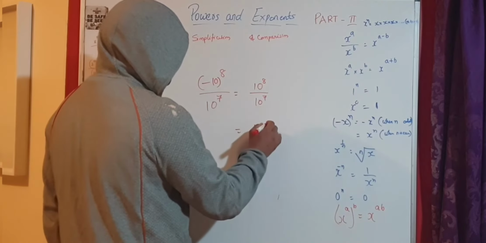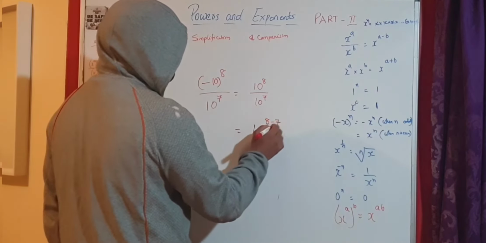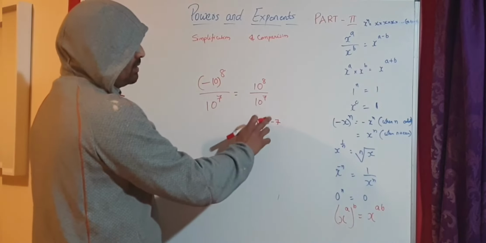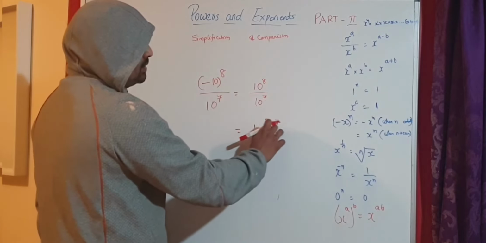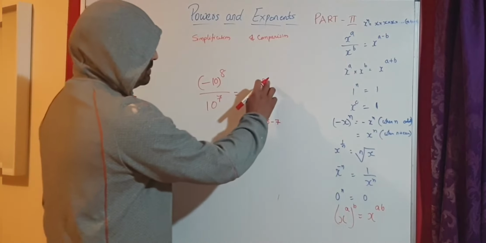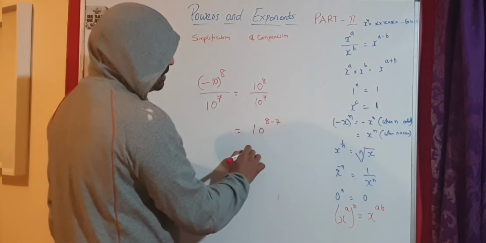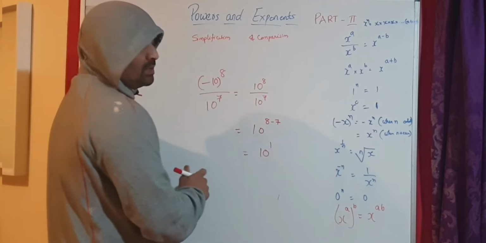The simplified form is going to be 10 to the power of 8 minus 7. When you apply that formula, for those powers 8 and 7, there is a subtraction taking place: numerator power minus denominator power. In this case 8 minus 7, which is going to be to the power of 1, and again there is a formula that you can apply here.